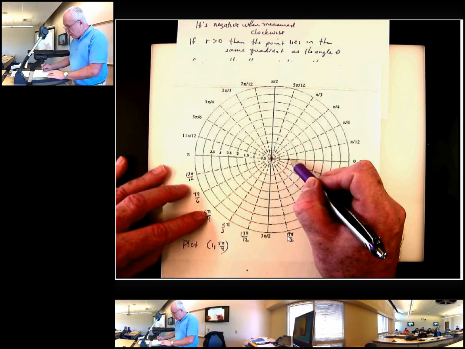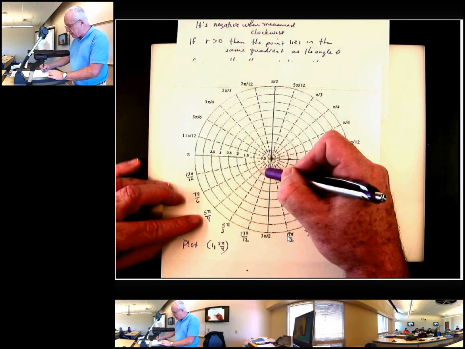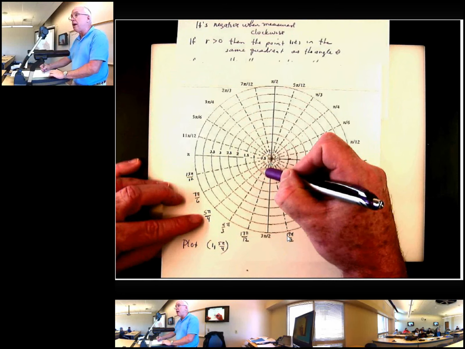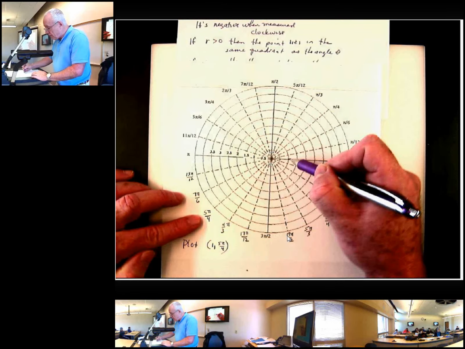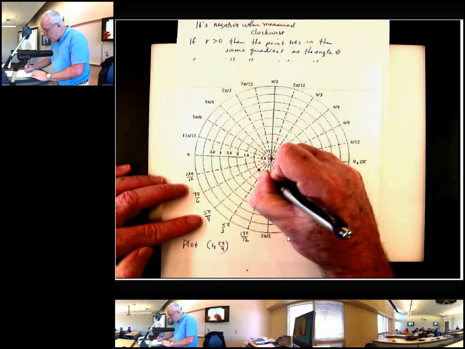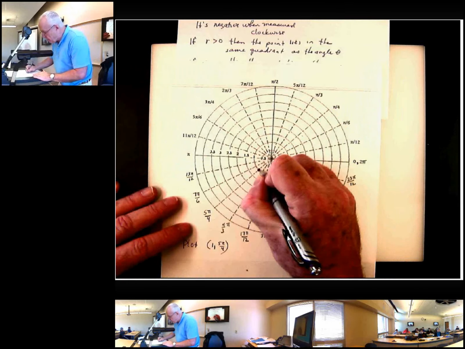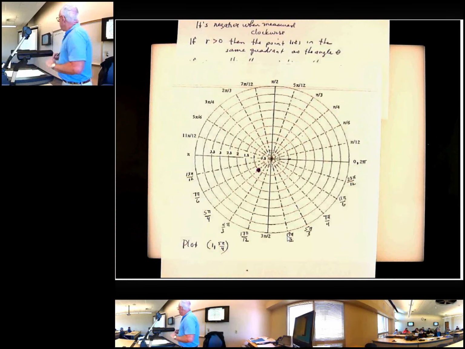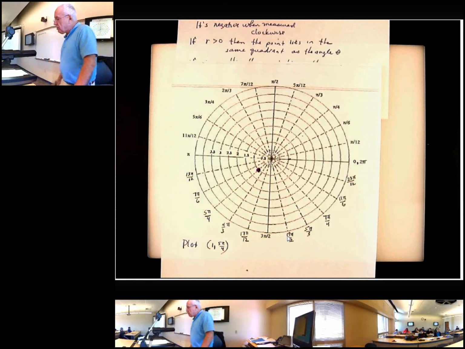So it goes around, and we go down into the third quadrant, 5 pi over 4. So we go out on the 1, go around to 5 pi over 4. Right there, that dot is that point.